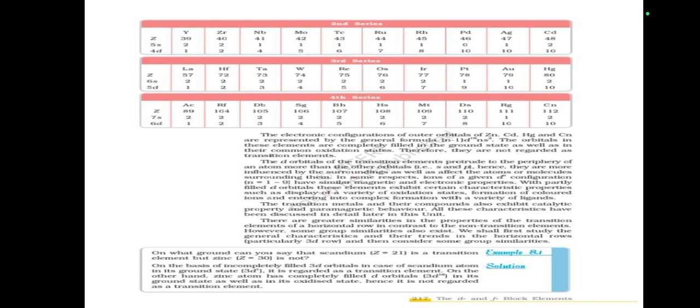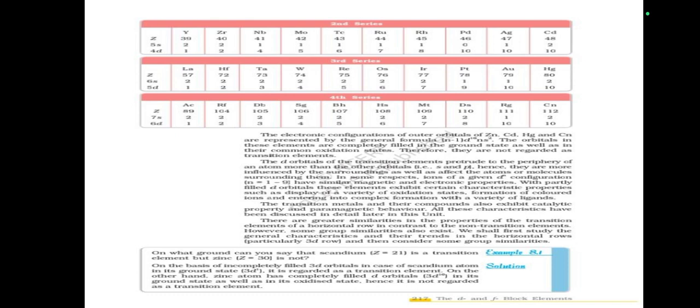The d orbitals of the transition elements protrude to the periphery of an atom more than the other orbitals, that is s and p, as they are more influenced by the surroundings as well as the effect of the atoms or molecules surrounding them in some aspects.